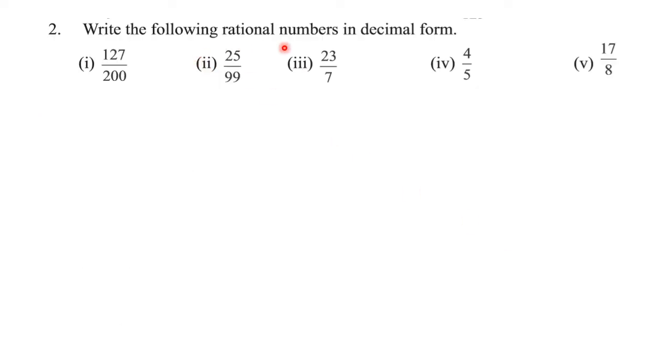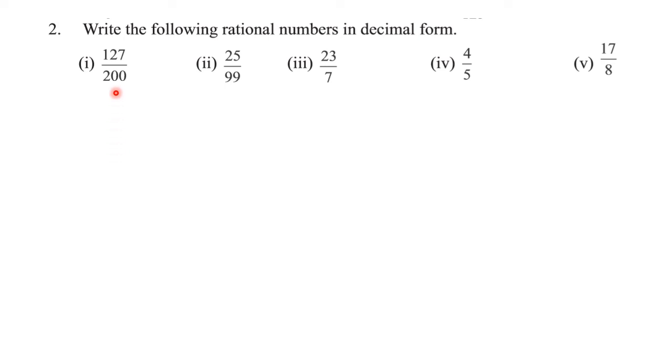Write the following rational numbers in decimal form. So here to write this, you are going to divide it actually. Okay, now division you can do in many ways. Like here, see, 127 divided by 200. So one will go for an actual division, that 127 divided by 200, and will get the answer.